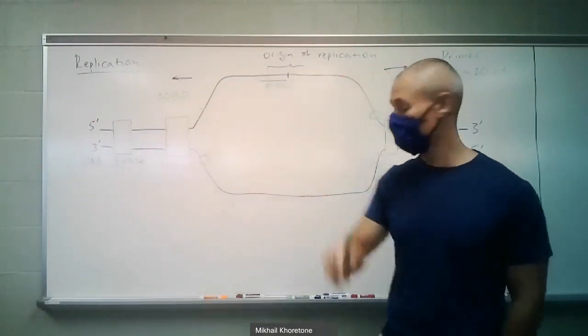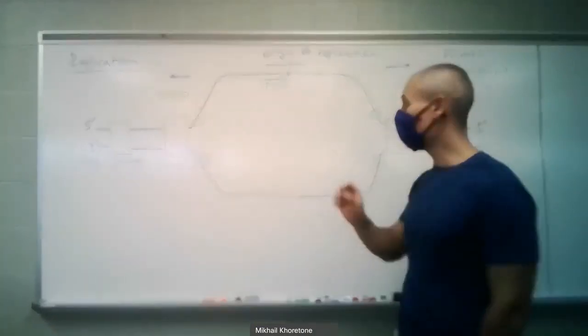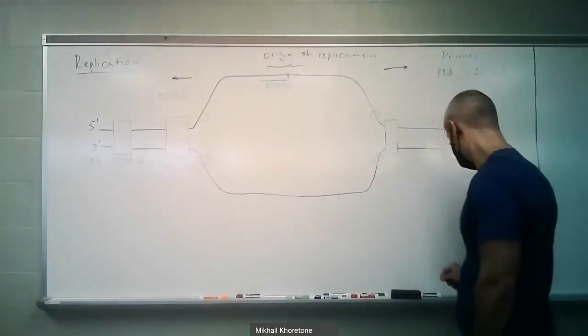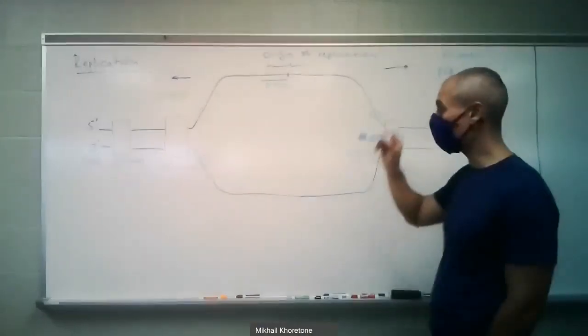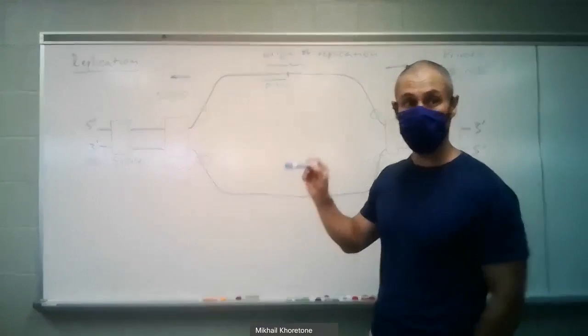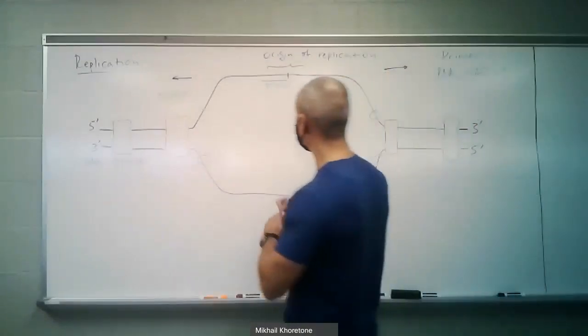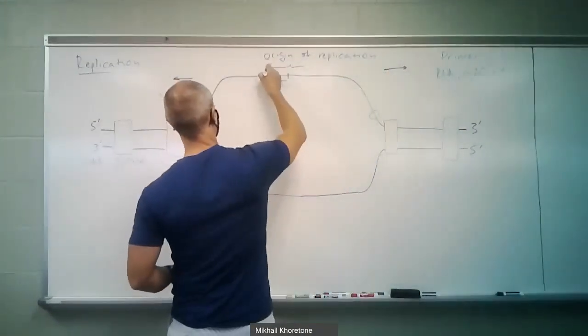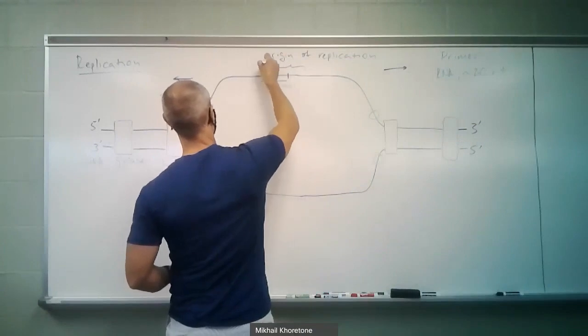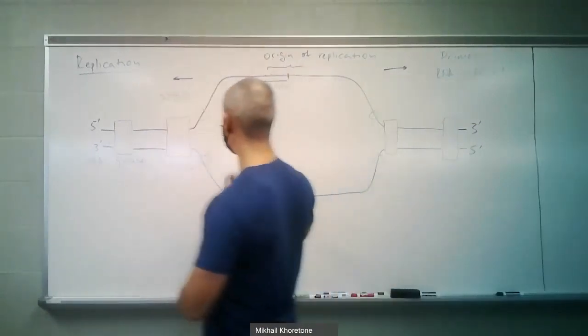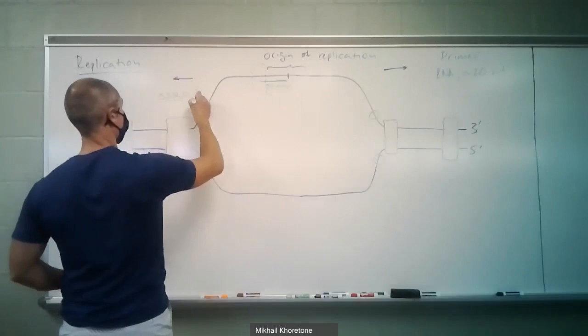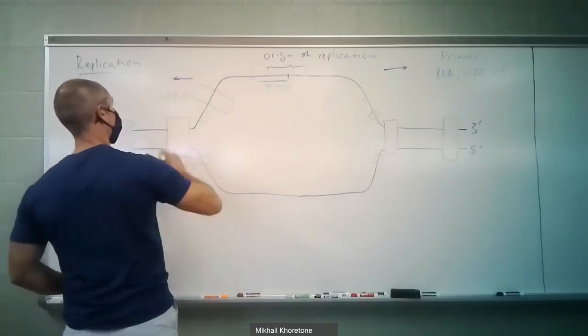We good? So I'm going to draw DNA polymerase in sort of dashed appearance because it's kind of moving. So look at this. It originally was here, but now DNA polymerase is here.